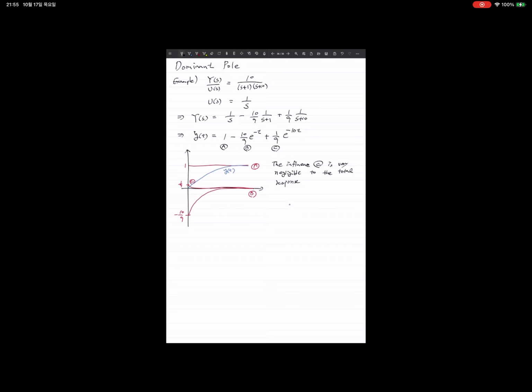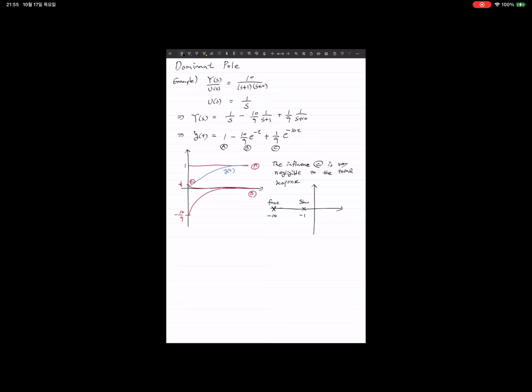If we look at the pole location of the transfer function, we have two poles, one at minus 1 and the other one at minus 10. Basically this pole is slow and this pole is fast, right?